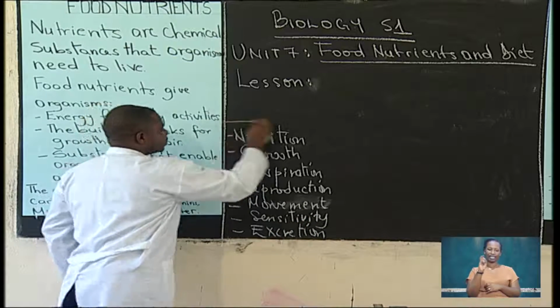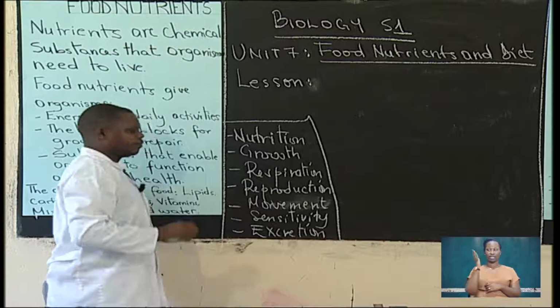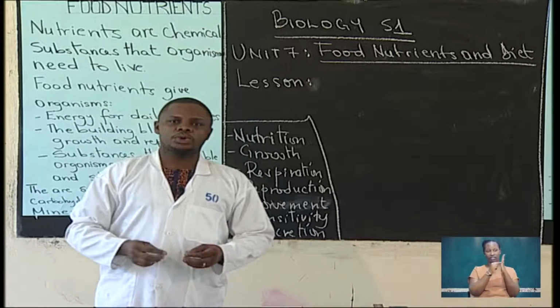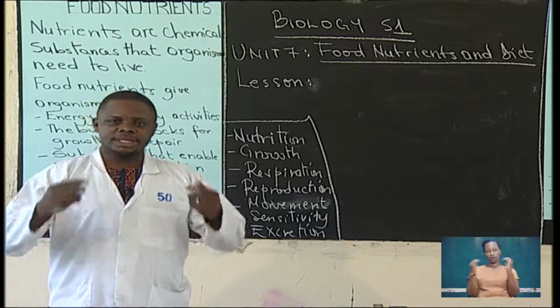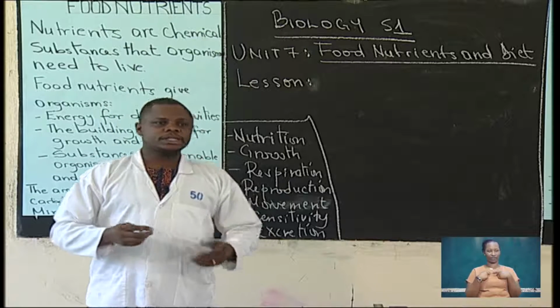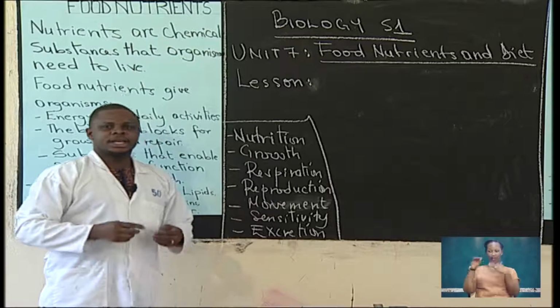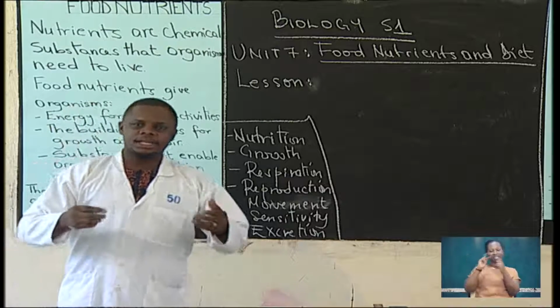These are 7 characteristics which show that an organism is living. If an organism has all these, that means it is living.